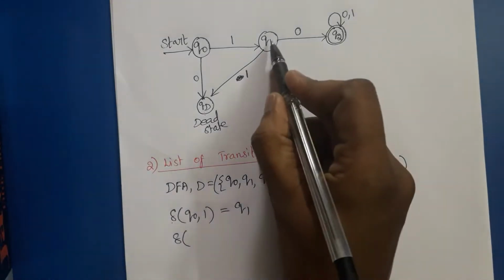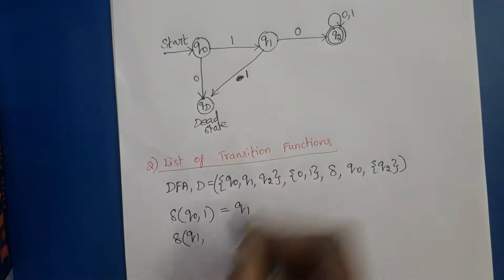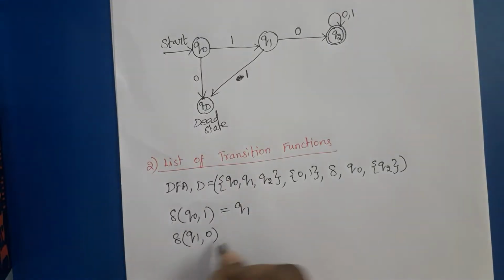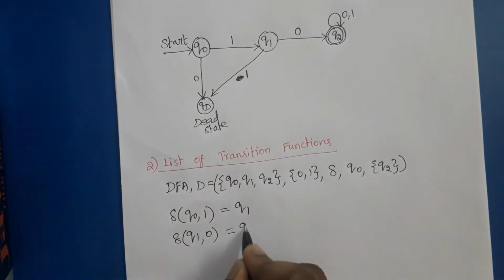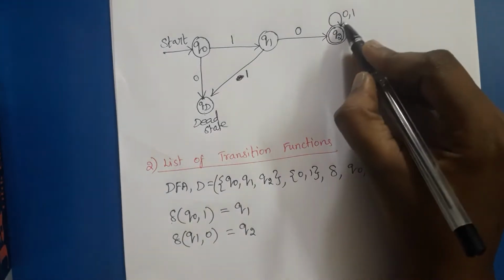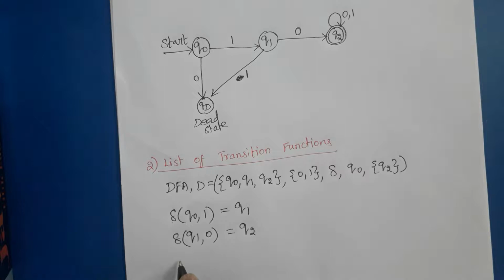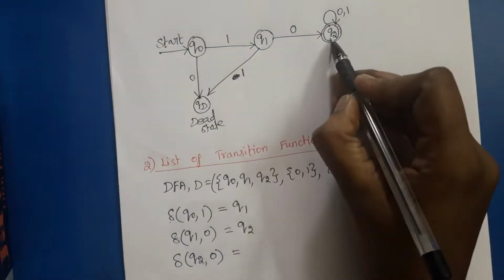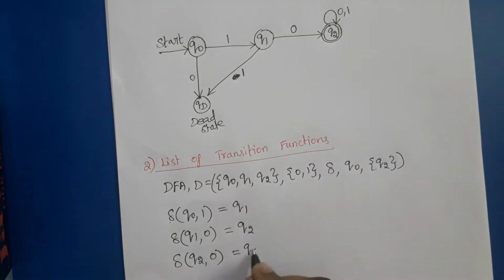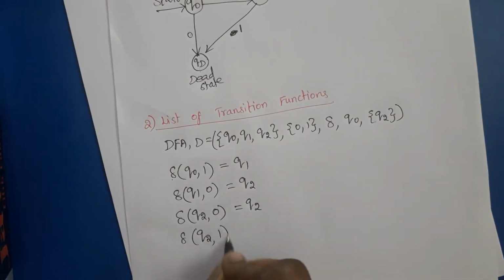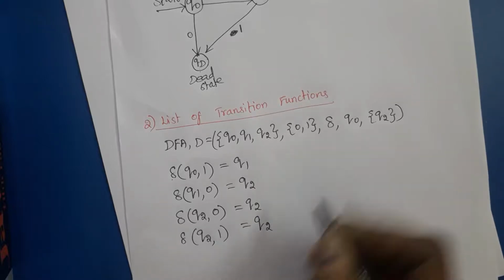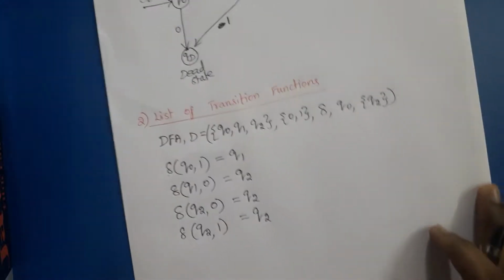Similarly, from Q1, 0 is the input symbol, it goes to Q2, the next state is Q2. Then from Q2, there are 2 transitions. So delta of Q2 comma 0 goes to Q2. Then delta of Q2 comma 1 equals Q2. These are the list of transitions.